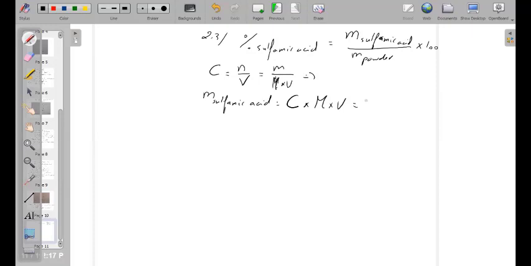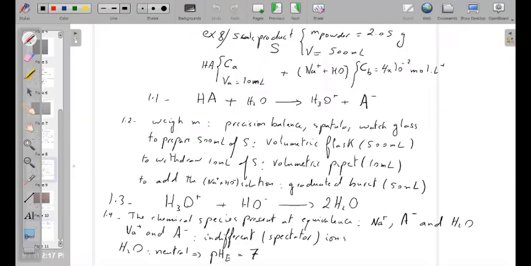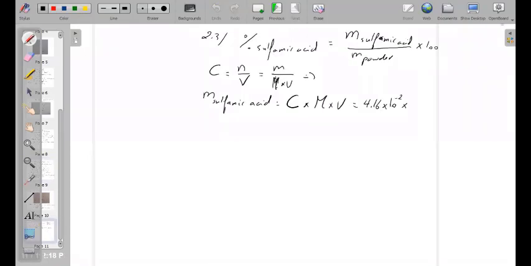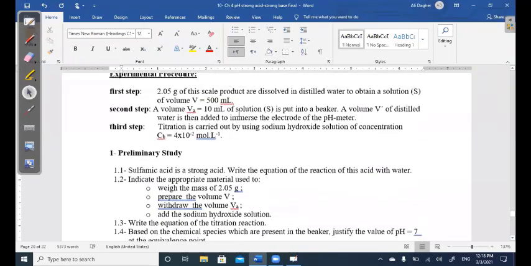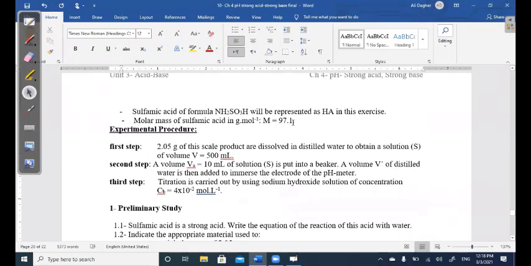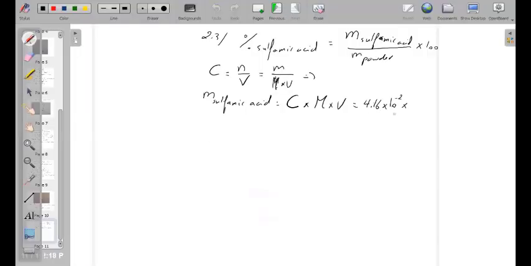C equals 4.16 times 10^-2 times the molar mass of sulfuric acid, given in the exercise, equal to 97.1, times the volume prepared, 500 milliliters, that means 0.5 liter.